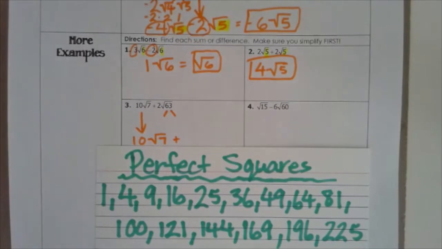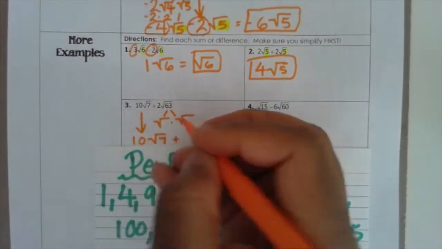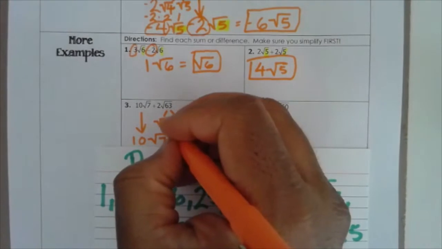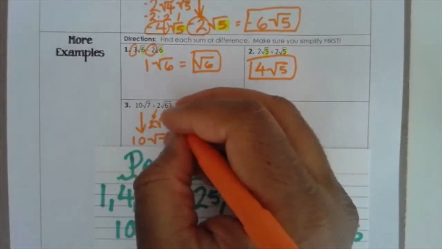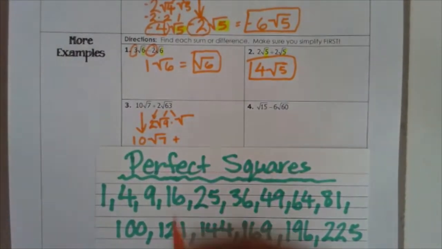So what's my biggest perfect square that can go into 63 cleanly? Well, you might have guessed it's actually going to be 9 here. Put my little 2 out here because I got to bring the 2 down. And so when I do 63 divided by 9, I'm going to end up with a 7.